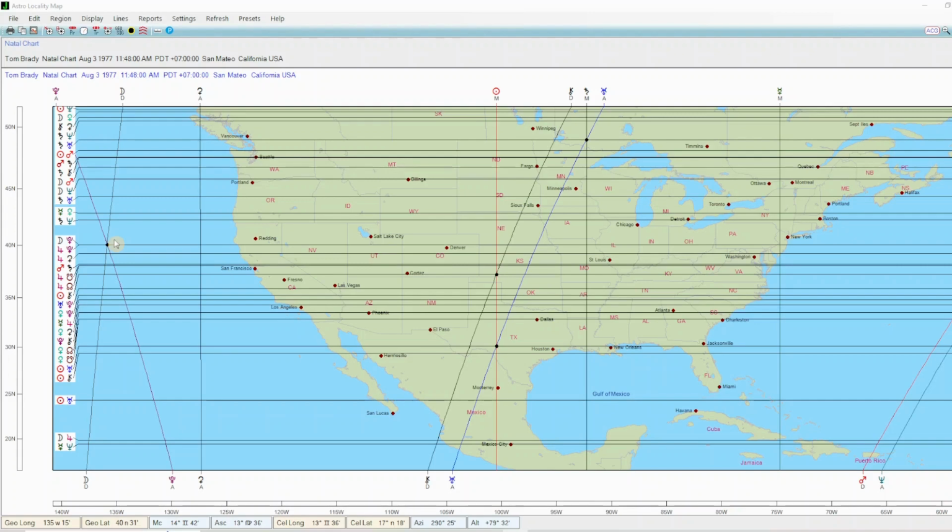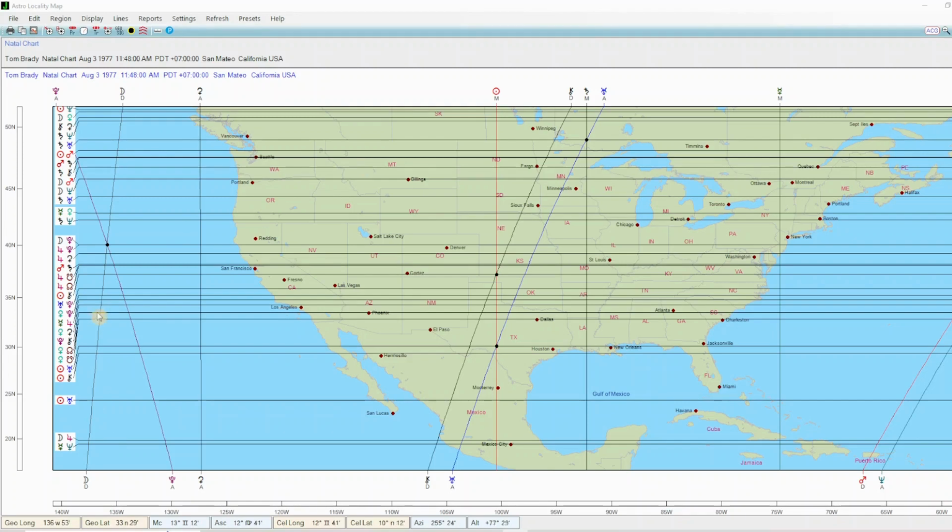At that moment in time, on August 3rd, when he was born, right here in the Pacific Ocean, Pluto was exactly on the ascendant and Moon was exactly on the descendant, but only at this longitude, because you can see how they're curved. Because the Earth is curved, the ascendant and the descendant create this curved effect.